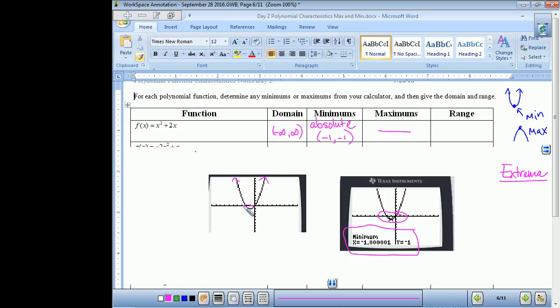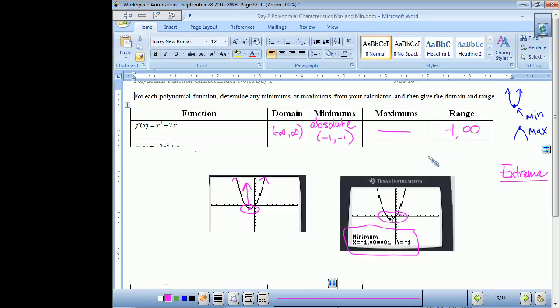Do you see that this is my lowest y value, and then it goes up forever? And the value of y right here, that is the point negative 1, negative 1. So the range starts at negative 1, and then it goes up forever. Positive infinity. You don't need the positive sign, just infinity.